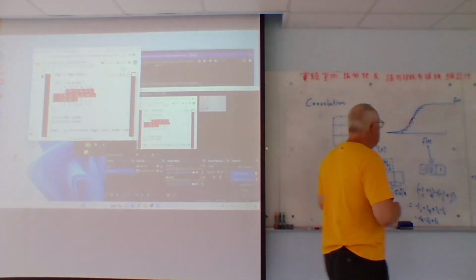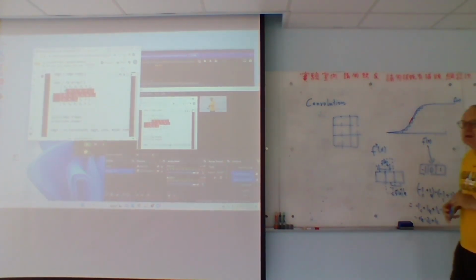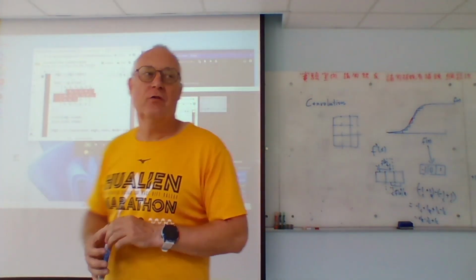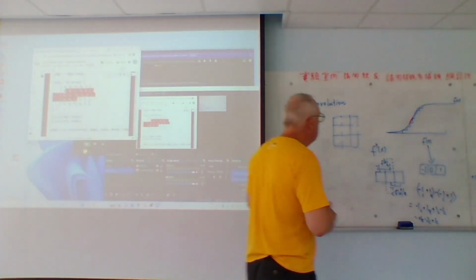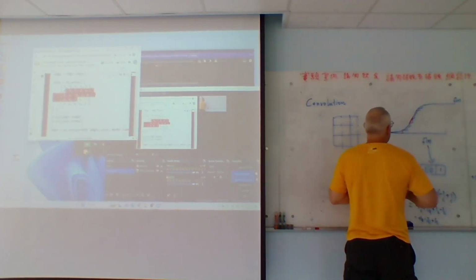Now, how would I use the second order derivative in order to detect an edge? Well, there's two ideas. One would be to just look for a strong response, because here, the second order derivative in this area here would be constant.